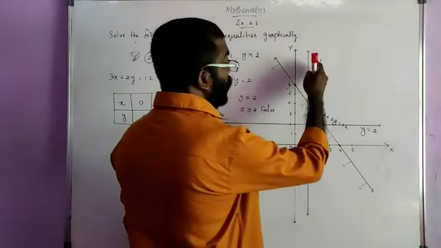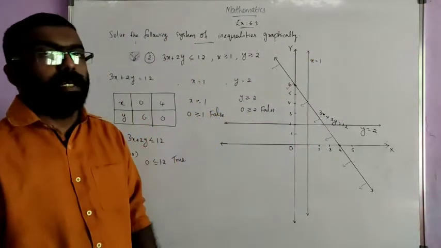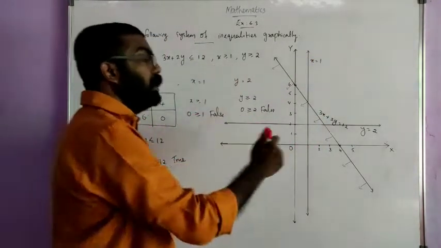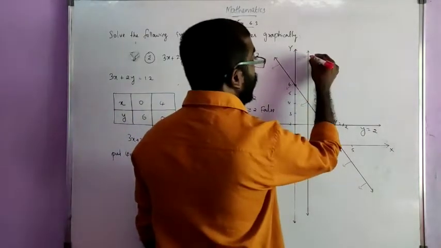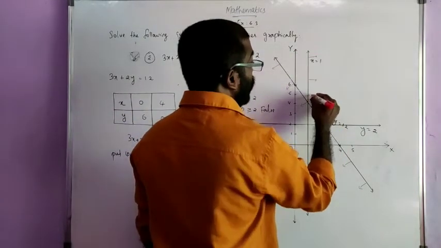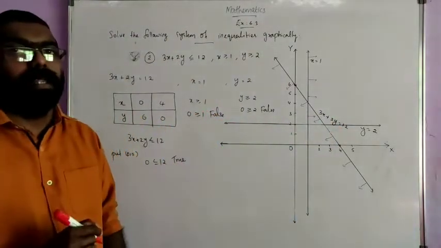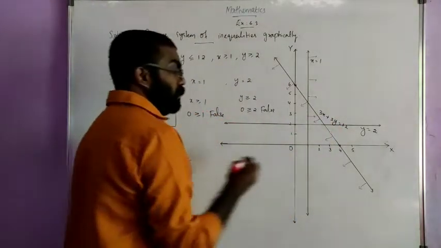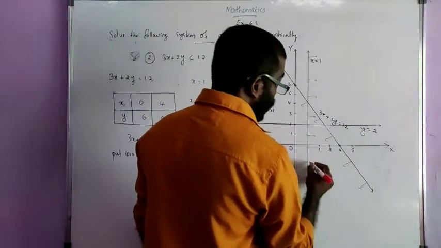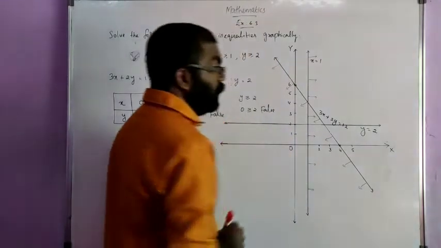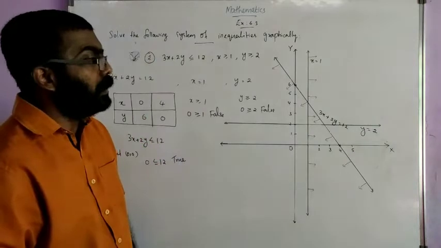So for the line x equal to 1, the half plane represented by this inequality is on the right part. Right half plane. Okay, because 0, 0 doesn't hold the inequality. It's false. So the right part of this line will be the solution region.